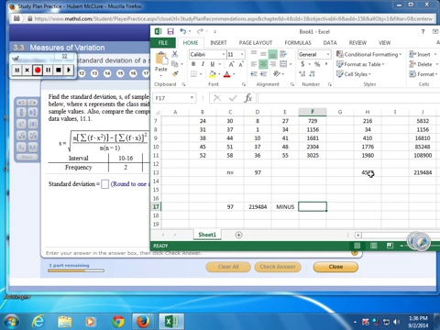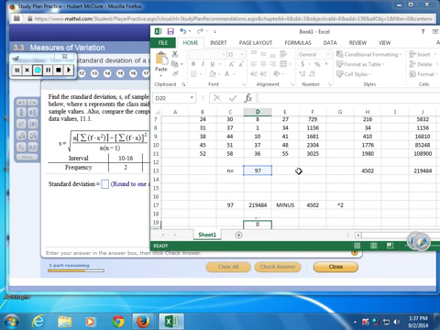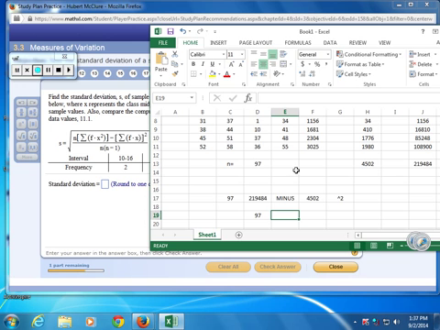So there's the summation of f times x equals this. And then we're going to raise that to the second power. And all that's going to be under 97 times what? 97 minus 1.